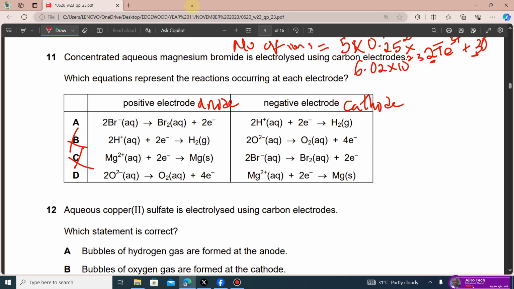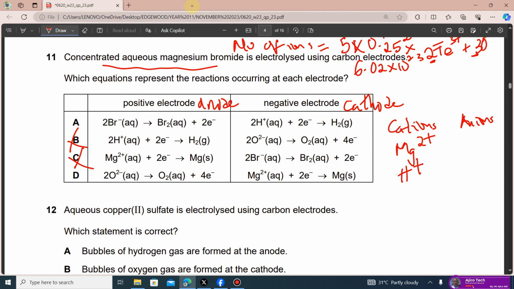The same thing applies to this angle, but let's also look at it this way. If you are looking at concentrated aqueous magnesium bromide, what are the cations involved in the solution, and what are the anions involved? For the cations, we have magnesium 2+, and since it's an aqueous solution, you also have the hydrogen ion there.